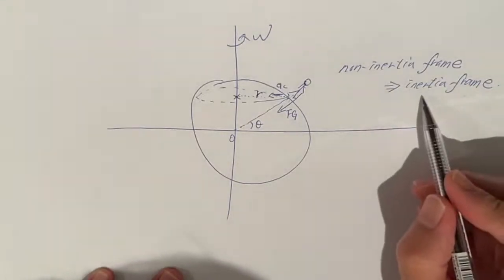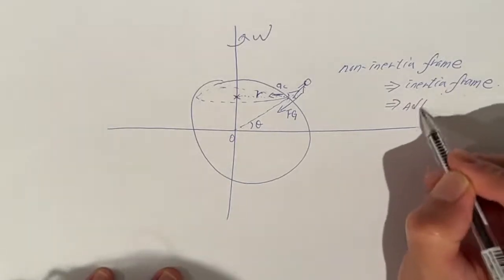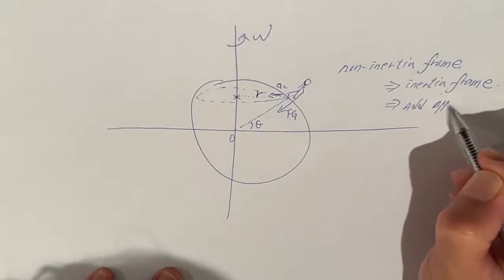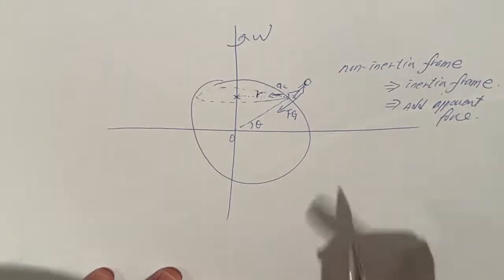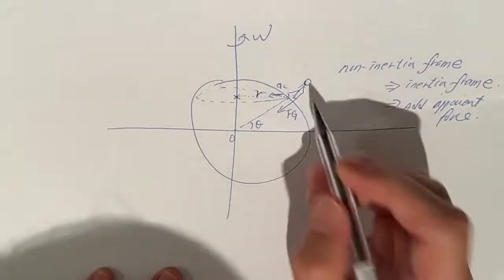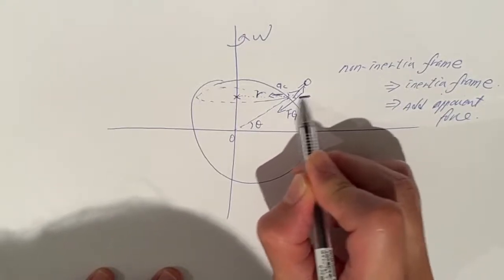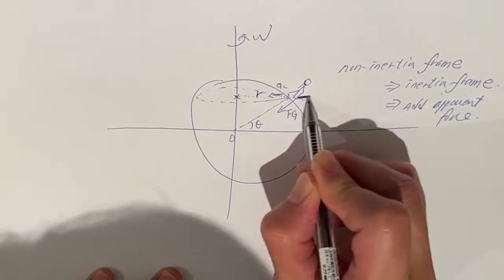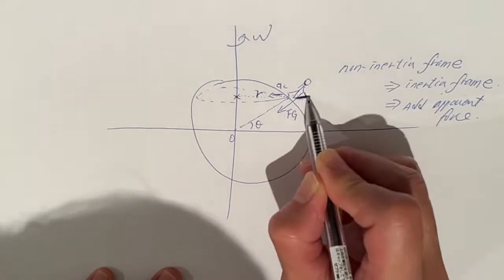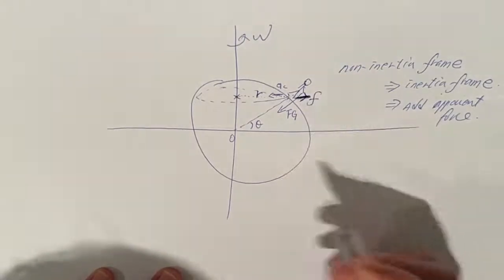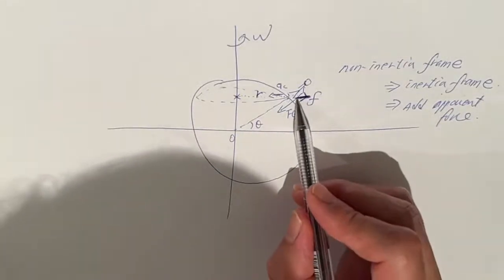In order to make it into an inertial frame, we need to add an apparent force, like before. So here we add the apparent force, in the opposite direction of the centripetal acceleration AC, this small f. So now by adding this small force f, we can now use the Newton's second law.